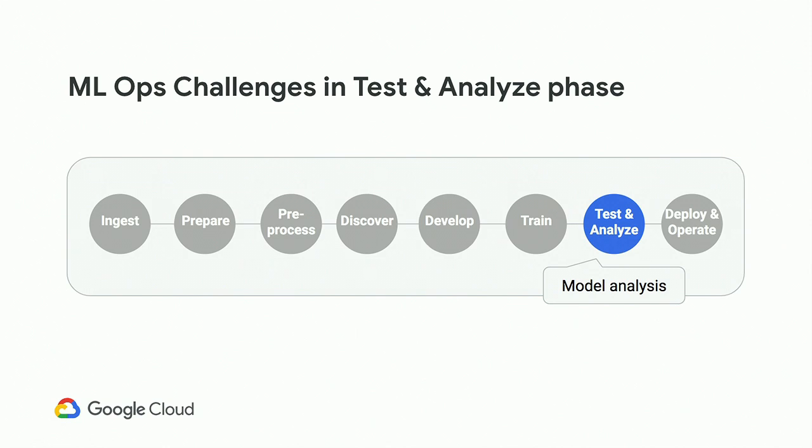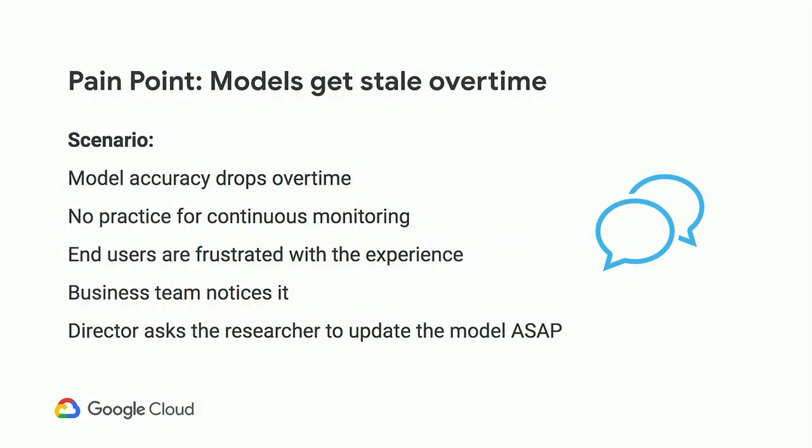Let's take a look at another feature from TFX, which is TFMA, TensorFlow Model Analysis, that will be happening at the test and analysis phase. We have been hearing many pain points from developers and internal engineers that any machine learning model can get stale over time. One scenario could be like this: your model accuracy would be slowly going down. It could be day by day or week by week or every quarter or every year, depending on the characteristics of your model.